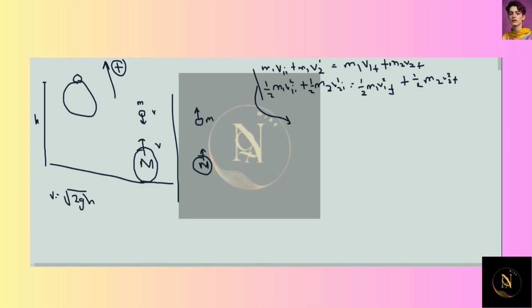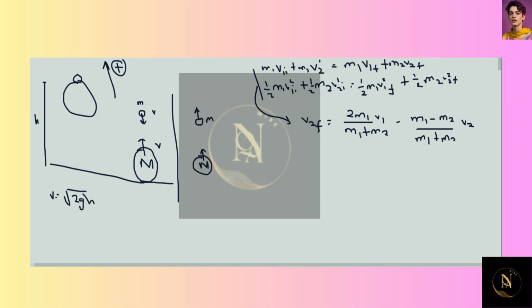If we work through the algebra, we'll find that v2f is equal to 2m1 over m1 plus m2, minus m1 minus m2 over m1 plus m2, multiplied: the first term is multiplied by v1, and the second by v2.